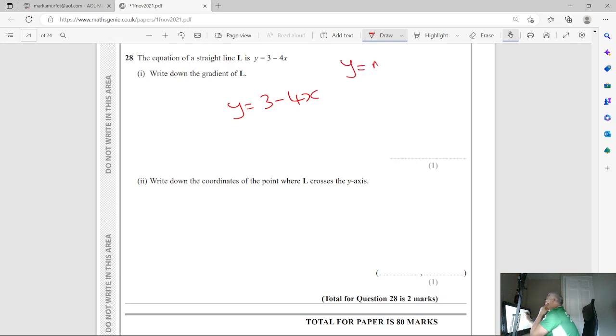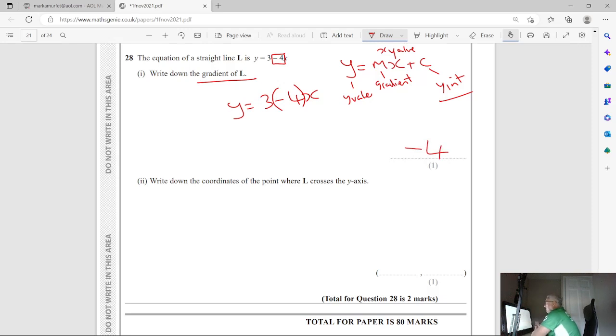We are used to seeing it, or we like to see it, in this format: y value, gradient, x value, y-intercept. We want to know the gradient, so it's whatever is the coefficient of the x. So the number that is with the x, that is your gradient, including the sign if the sign is with it. So that is minus 4 is your gradient. No other workings to do.